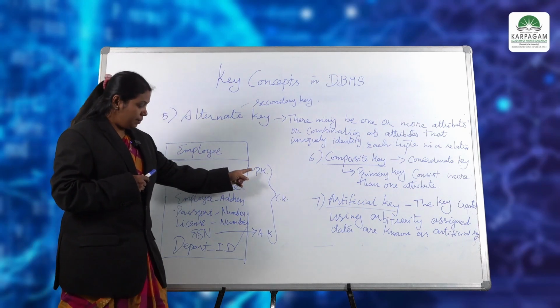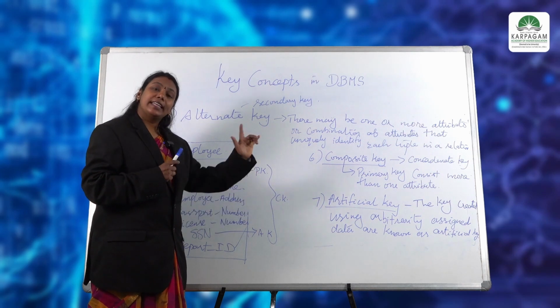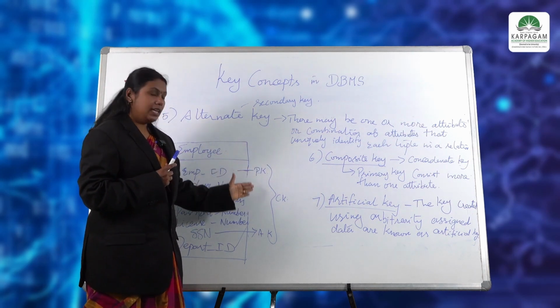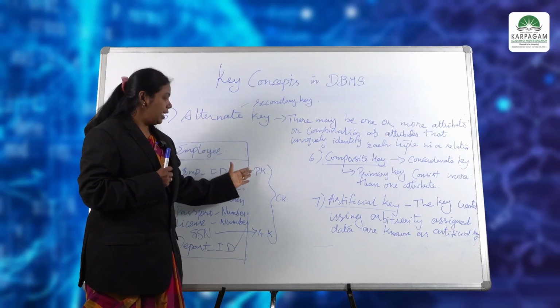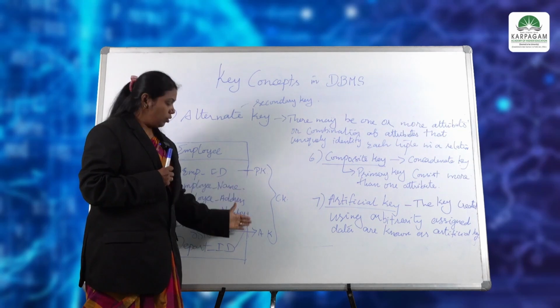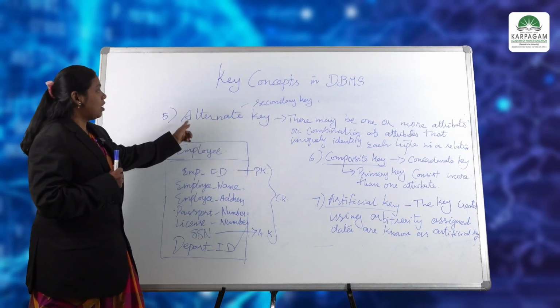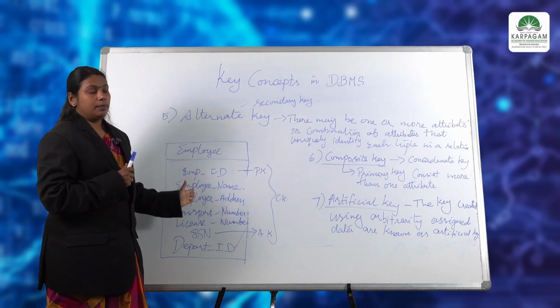This primary key and alternative key are the same as the candidate key. We already know about the candidate key; the primary key and the alternative key are related within the table. So these two concepts represent the candidate key, and the alternative key is a secondary key of the table.